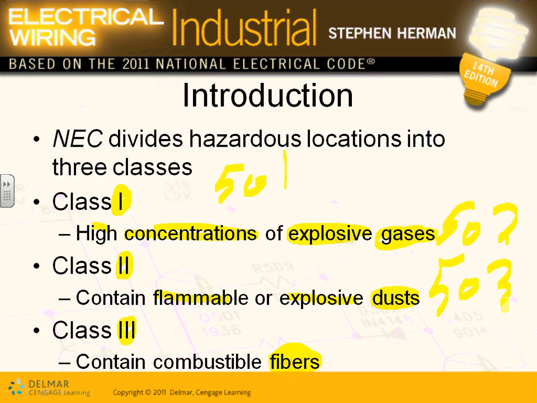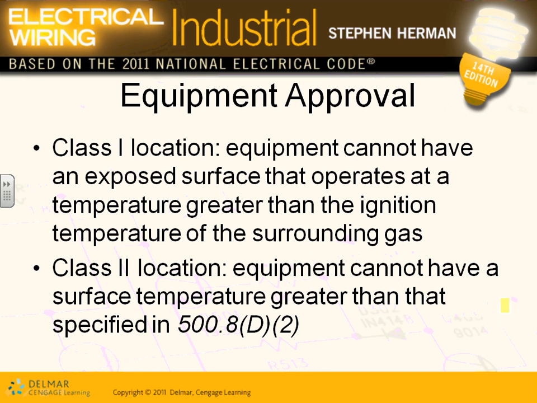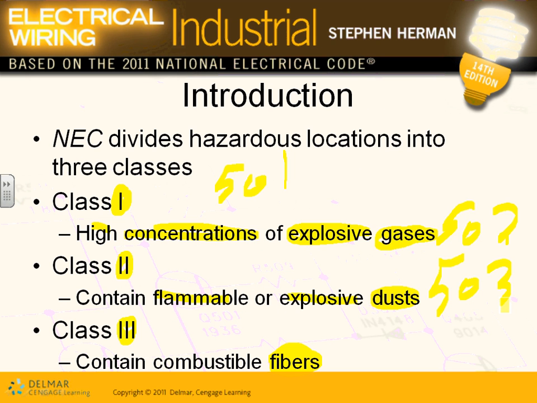So all the information that you need about these, there is a whole article about each one of them. Any comments, any questions about the classification? 1 being the most dangerous, 3 being the least dangerous. And then you get the class and then you get the division.